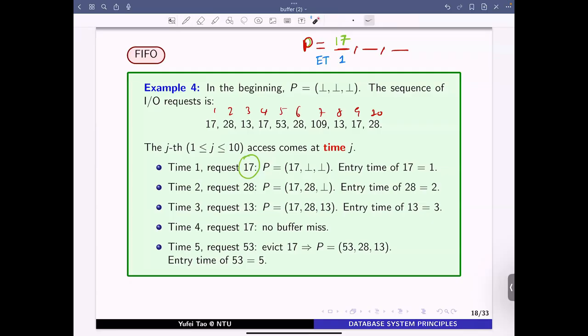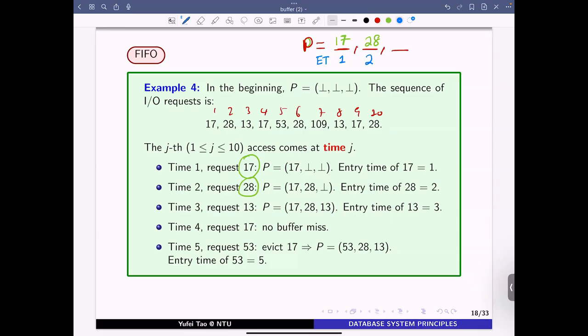In my slides, this is discussed here. So 17 enters the pool. Now at time 2, you have 28 here. Once again, it's a miss. Nothing we can do about that. We have to get the block into the pool. This is the time the block enters the pool.